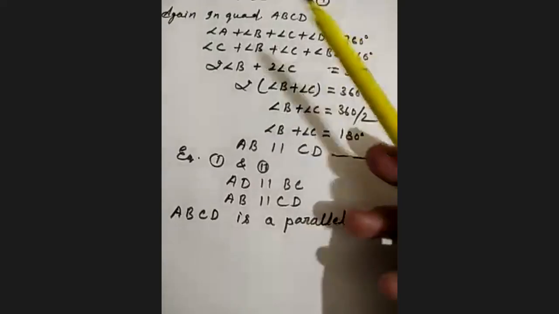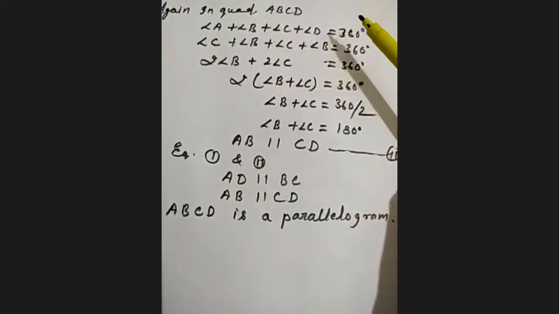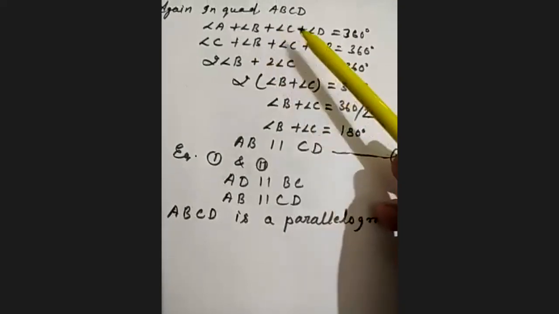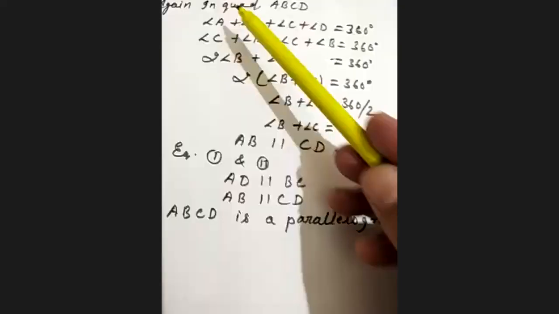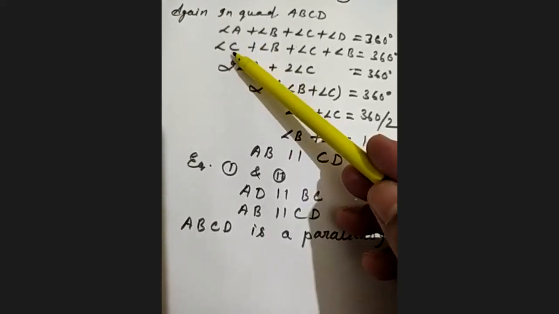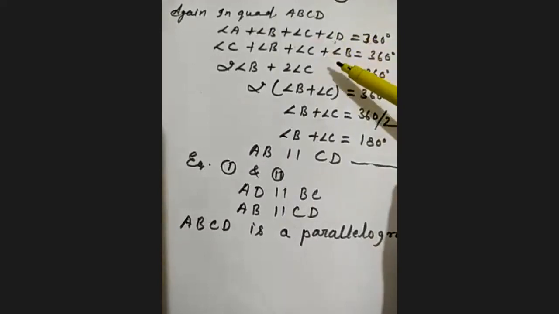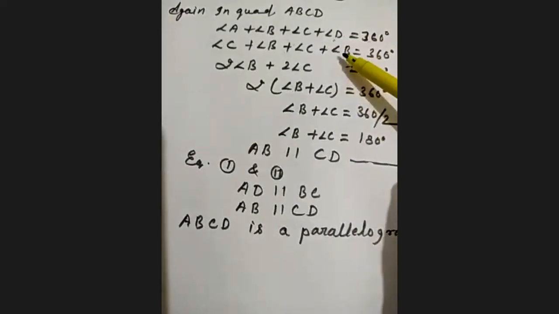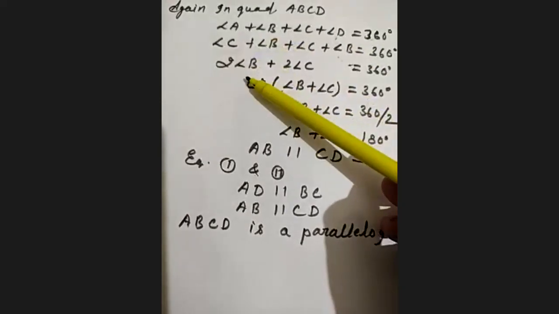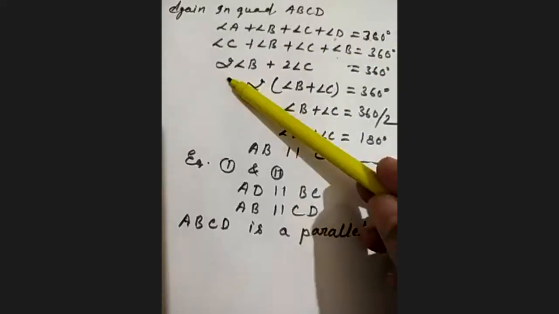So here we see that angle A, angle B, angle C and angle D is equal to 360. Okay, sum of the angle property we are using. So here we take angle A in place of angle C because opposite angles are equal. Then angle D in place of angle B because it is also an opposite angle. Okay, so here 2 ऐड कर देंगे.